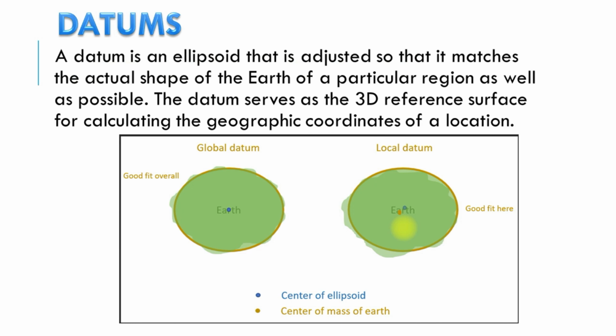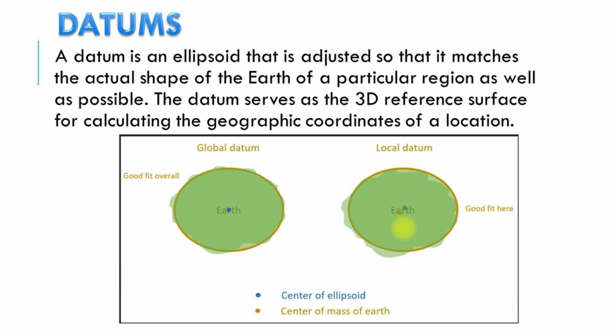Datums. A datum is an ellipsoid that is adjusted so that it matches the actual shape of the Earth of a particular region as well as possible. The datum serves as a 3D reference surface for calculating the geographic coordinates of a location. So our Earth is not actually a sphere.